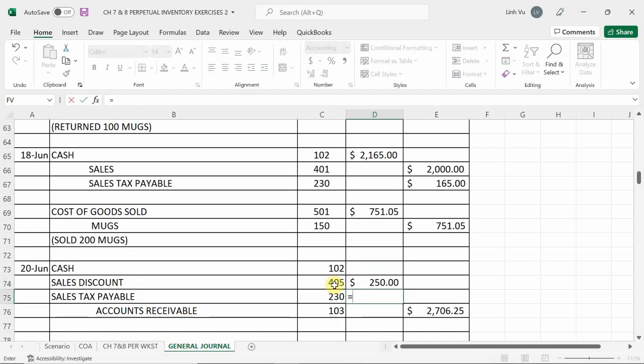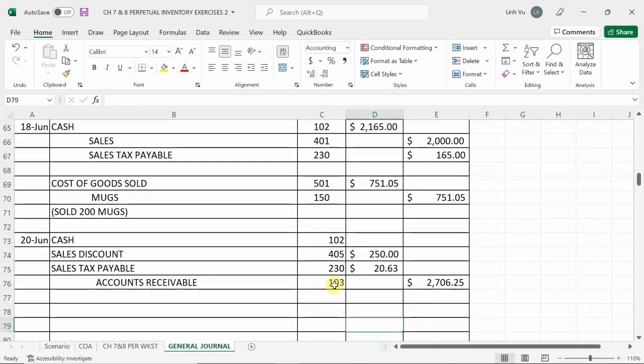And then we recognize that out of that, we also need to discount the amount of tax because we overcharged them with tax. So we have to adjust the amount to the correct amount, which gave us $20.63. So how much should customer A actually pay me?